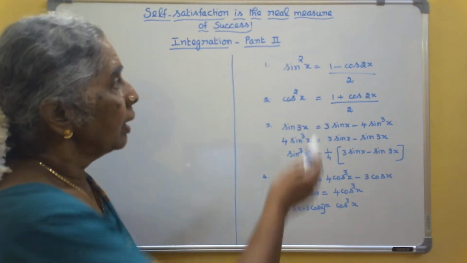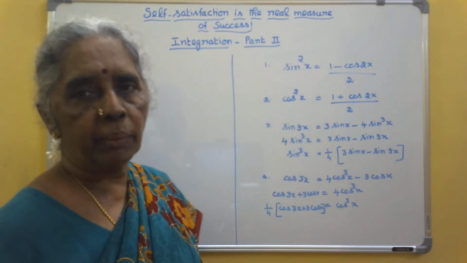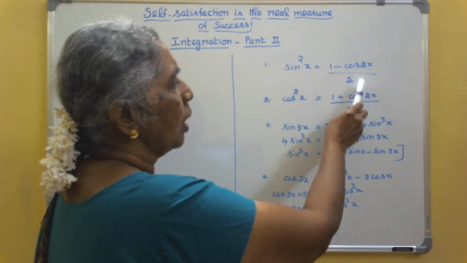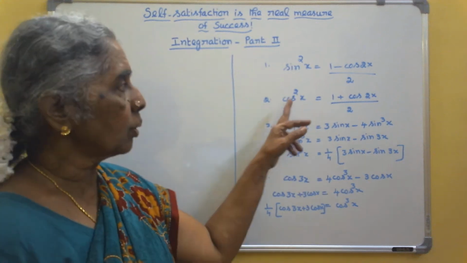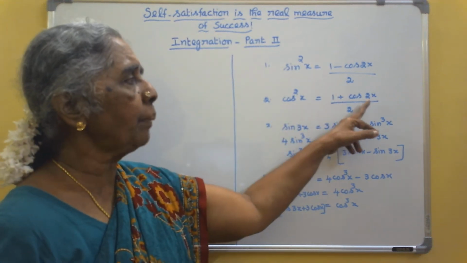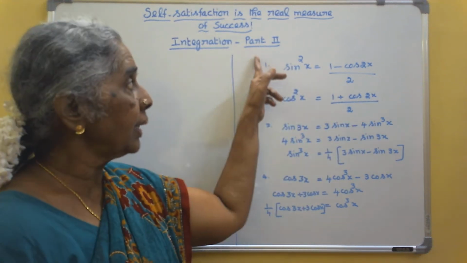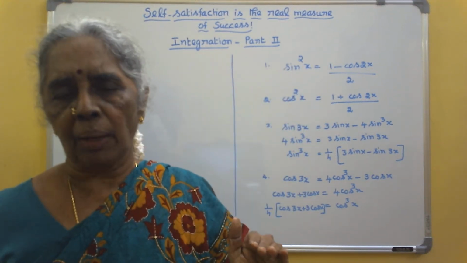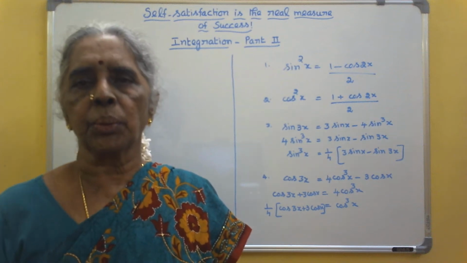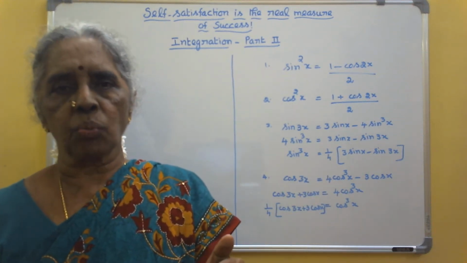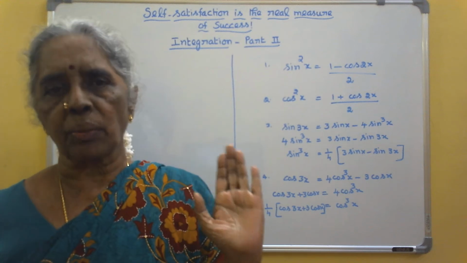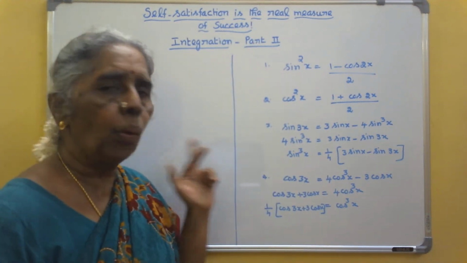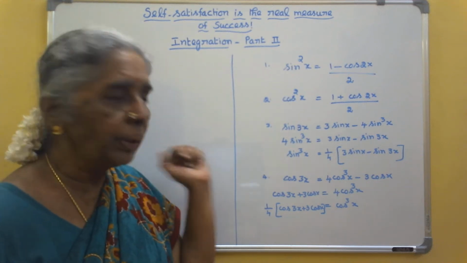From the cos 2x formula I am deriving sin squared x is equal to 1 minus cos 2x by 2, and cos squared x is equal to 1 plus cos 2x by 2. These two formulae we derive from the cos 2x formula. You have cos 2x is equal to 2 cos squared x minus 1 or 1 minus 2 sin squared x. From that we derive.